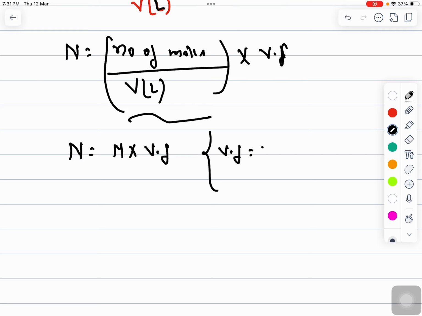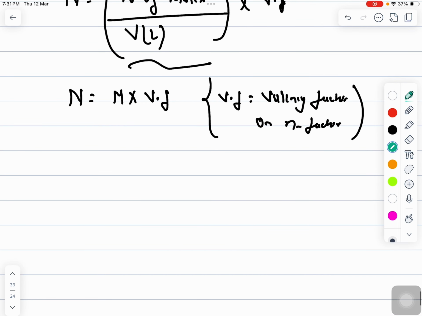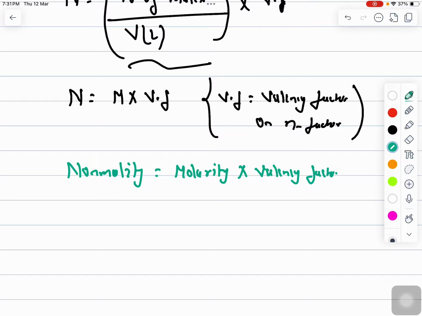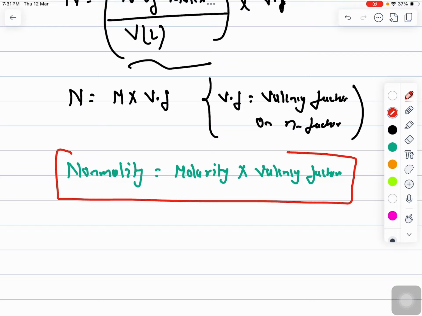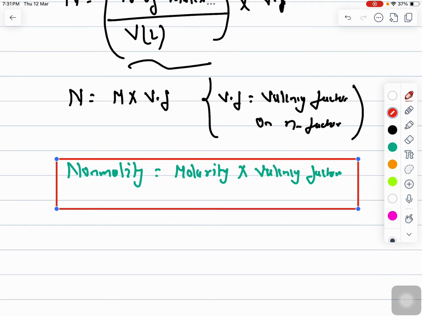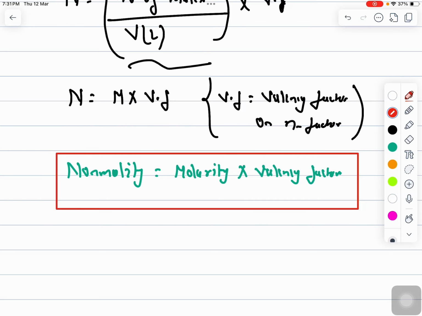So I can write Vf is equal to valency factor or n factor, and n factor I have already discussed in my previous lecture. Is that clear? So sometimes, normality will be equal to molarity multiplied with valency factor, right? And just see my lecture number 4 where I have discussed how to calculate the valency factor, and then it will be very easy for you to calculate the normality as well.